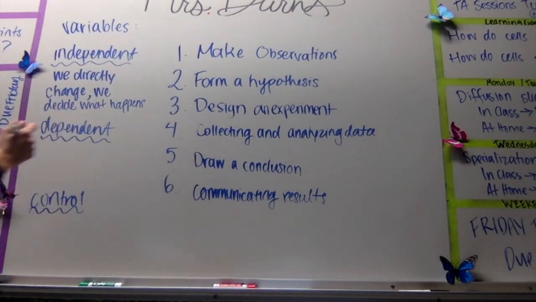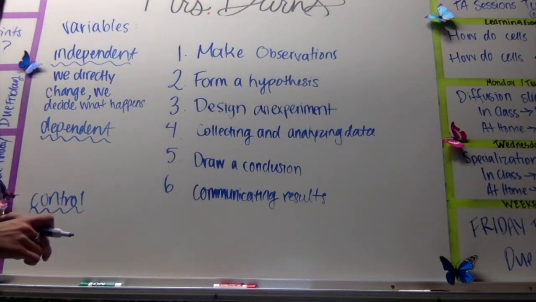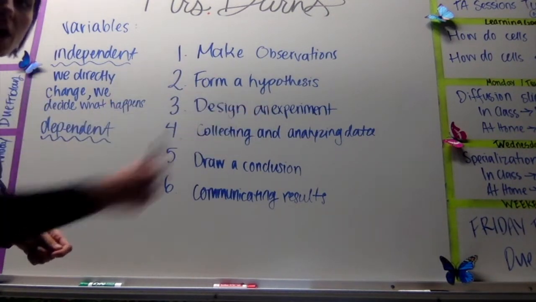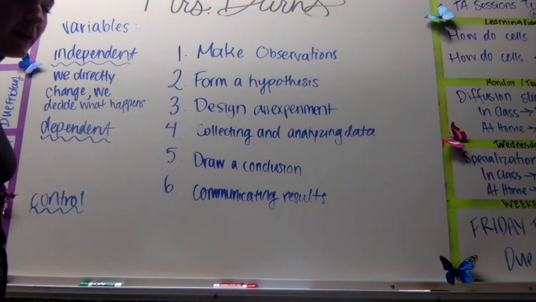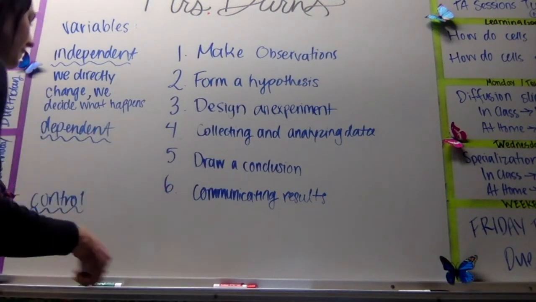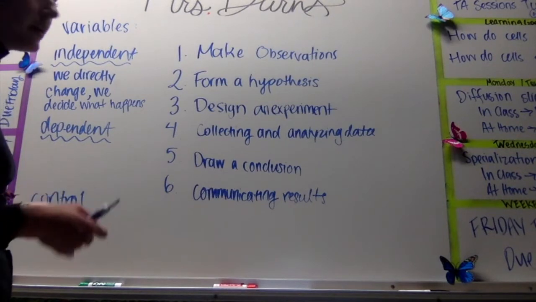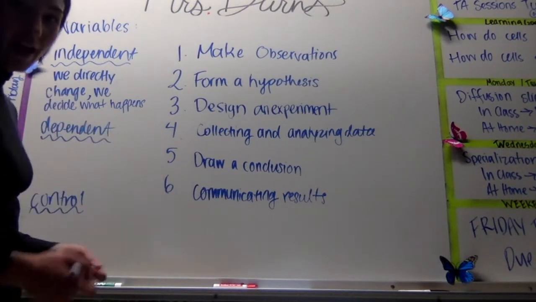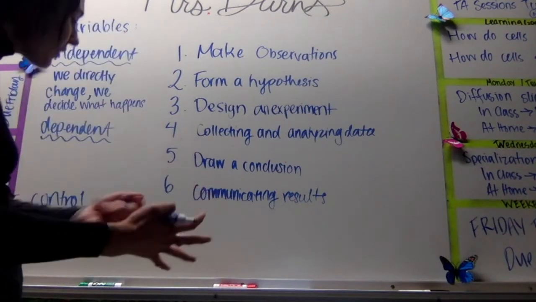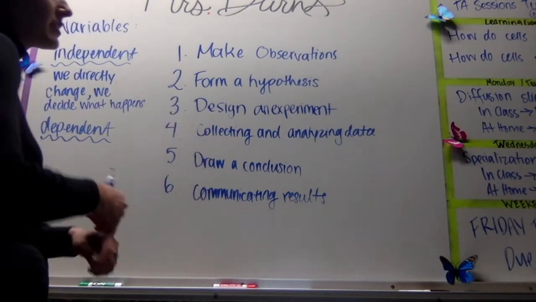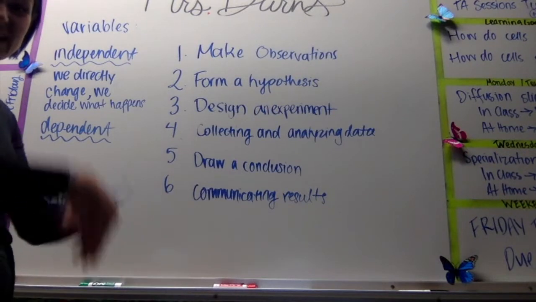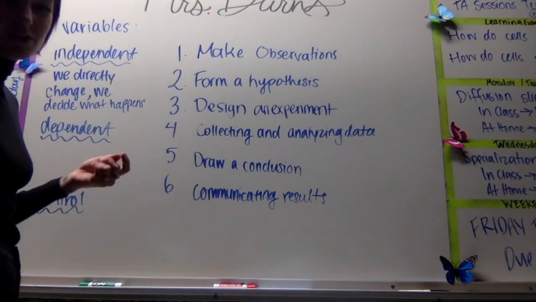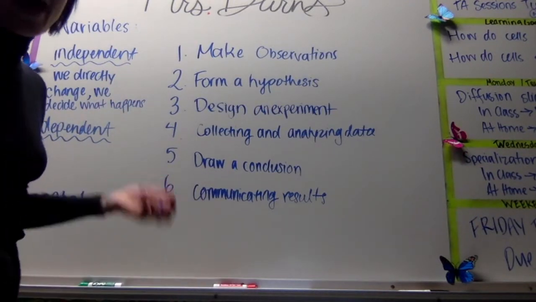For the independent variable, we directly change it and then we decide what happens. So we decide if it's going to be hot water or cold water. We decide if it's going to have 3 ice cubes or 4. We decide what temperature it's going to be. If you were doing something that wasn't temperature related, then you'll decide the other factors, right? So you're controlling the independent variable because the variable is independent to the rest of your lab, right? Because you're the one controlling it. It doesn't really rely on anything.